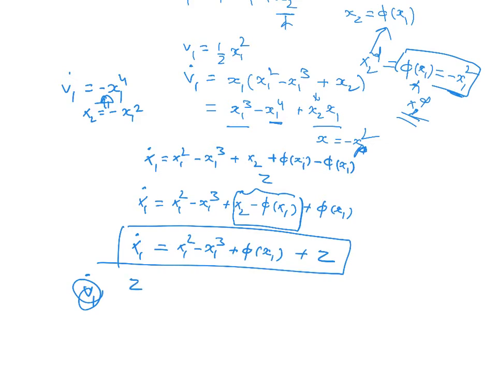What will be z dot? z dot will be x2 dot minus phi dot, where z equals x2 minus phi of x1. We'll see what phi dot will be.